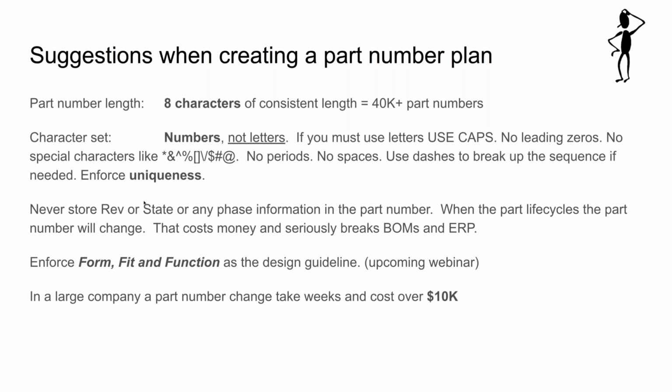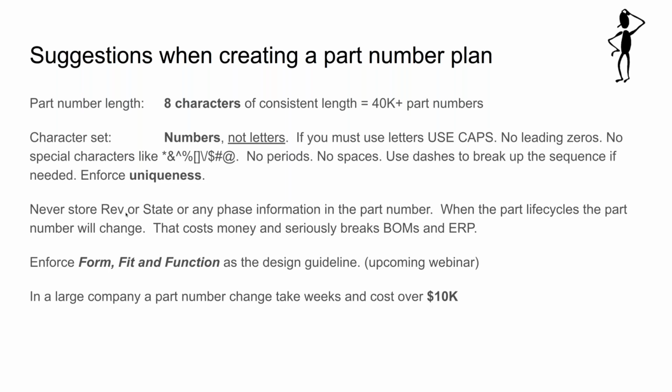So we also saw, and I recommend that you never store information about phase in the part number. When you've got a bill of material built out, and you've got a part that's simply going from proto to release, if you have to change the part number from a dash P to a dash R something, you cause all kinds of havoc downstream.